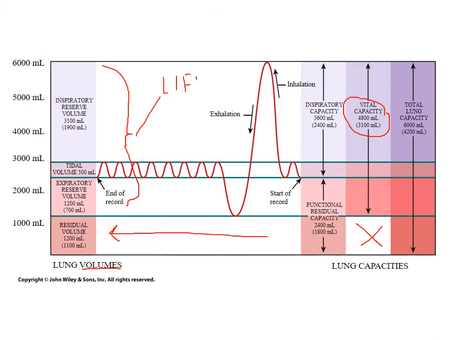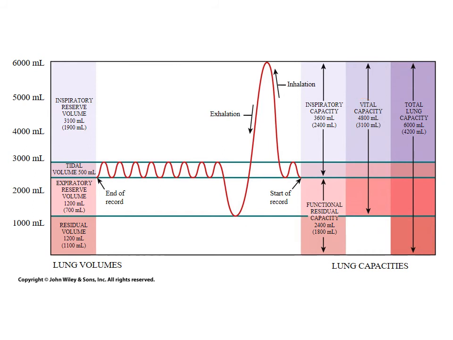This is kind of interesting trying to write with this little marker, but hopefully you see what I'm saying. Vital capacity is going to be my normal breathing plus my 2 reserve tanks. So then we get to the last two, and these are the ones that end up giving people problems.